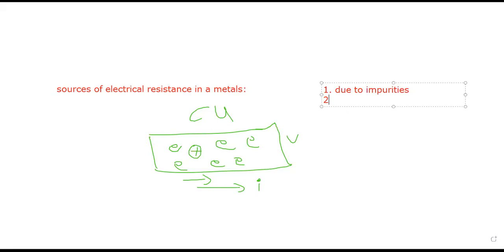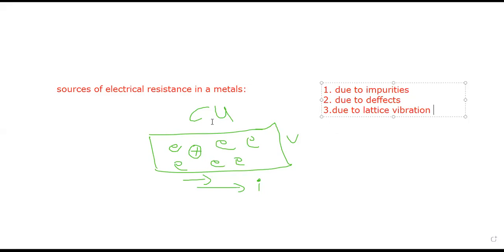Second one is due to some defects. Next, due to lattice vibrations. These three are the sources of electrical resistance in a metal.